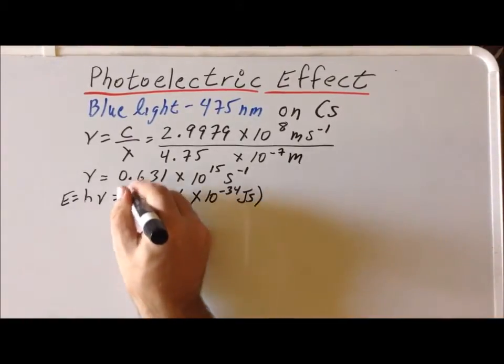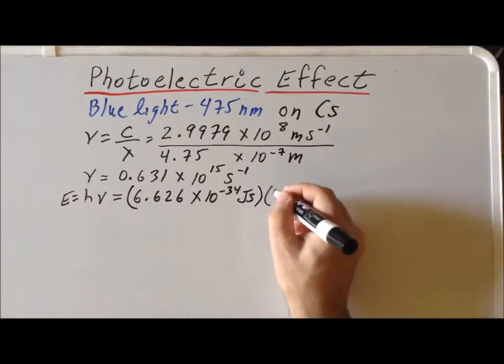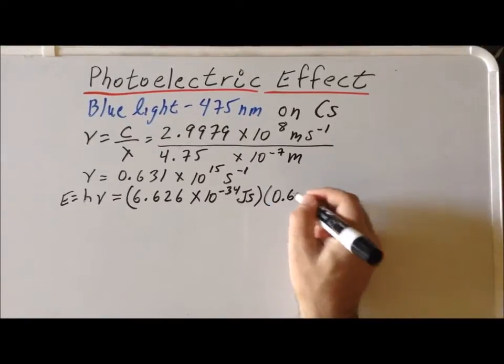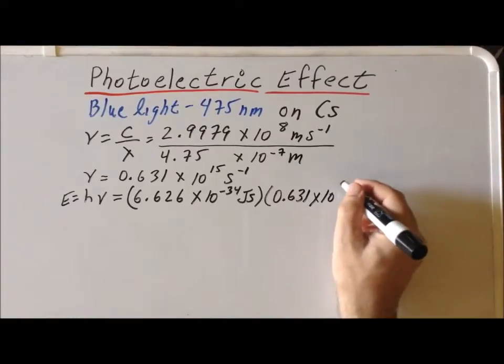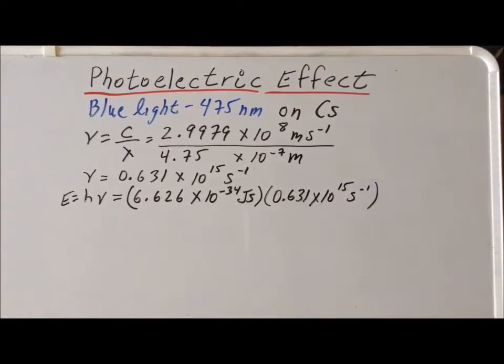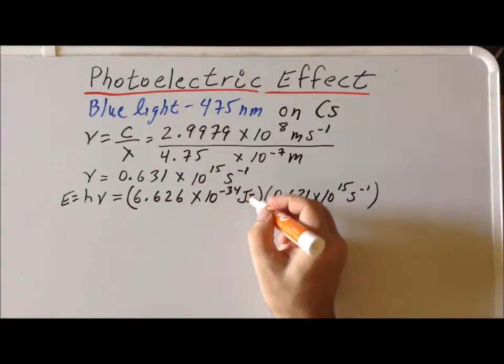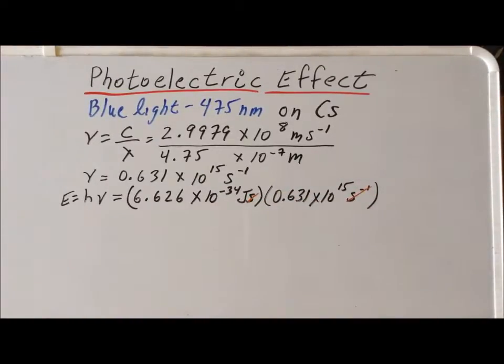And we've just determined the frequency to be 0.631 times 10 to the 15th inverse seconds. We do a quick double check. We notice that our units of seconds and inverse seconds are going to cancel. So we will get an answer in terms of joules, which is the proper units of energy.